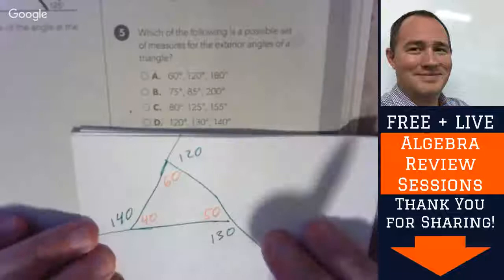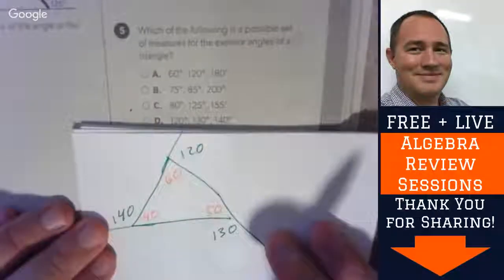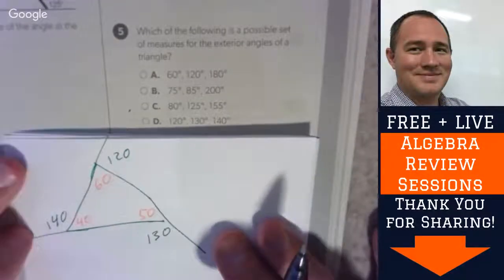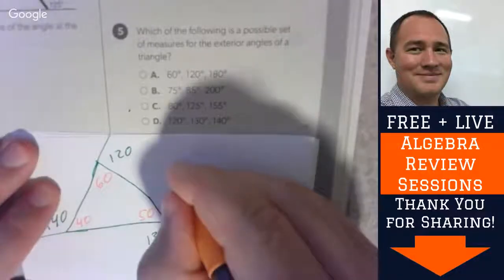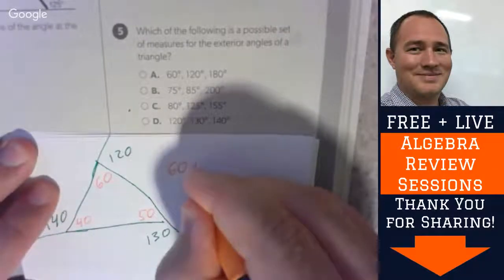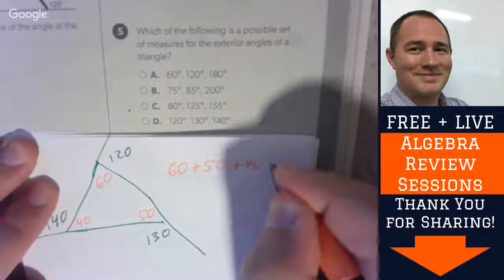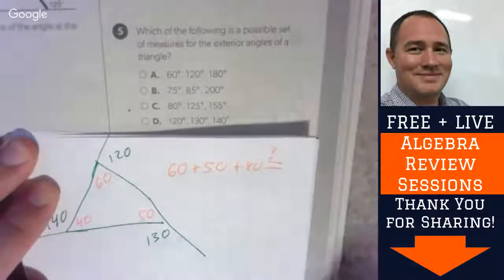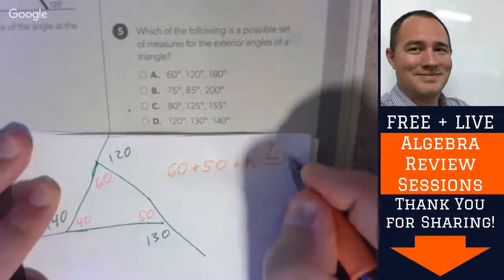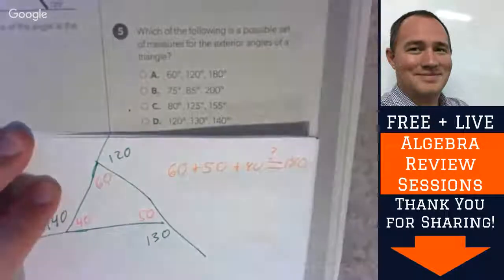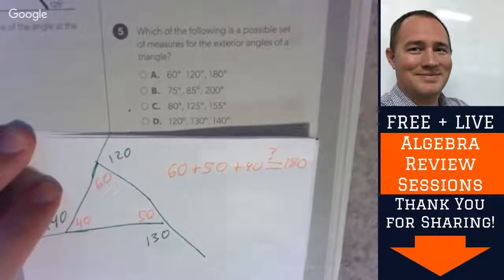Okay, so now we have to check. So far, there's maybe nothing that seems too far out of place, but we have to make sure that 60 plus 50 plus 40 equals 180. For it to be a legal triangle, it must add up to 180 degrees.